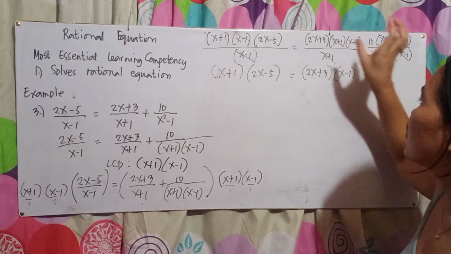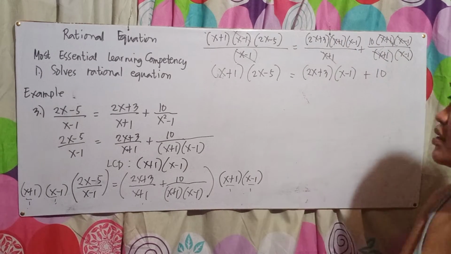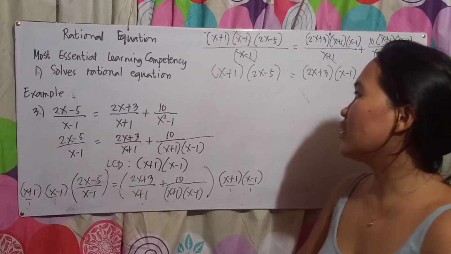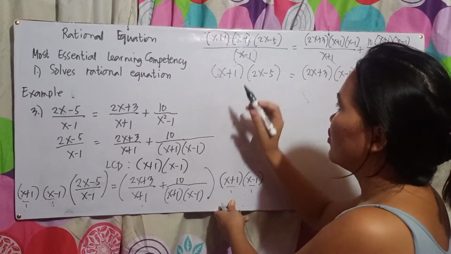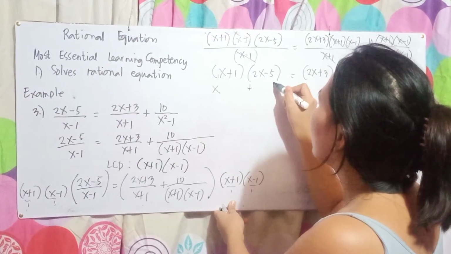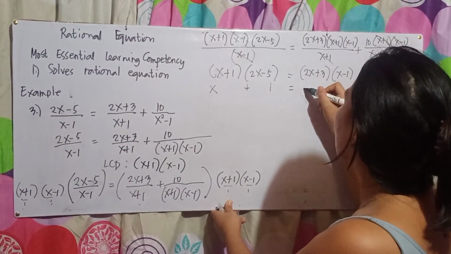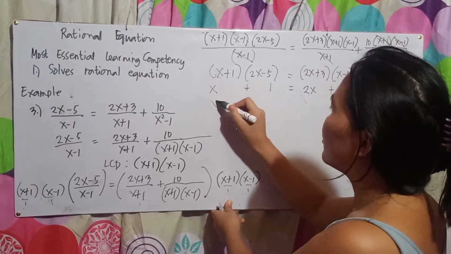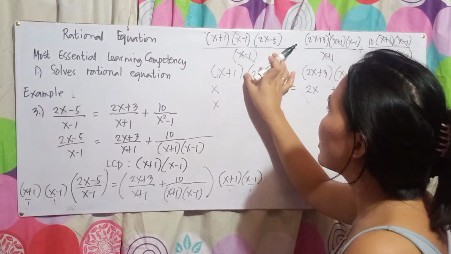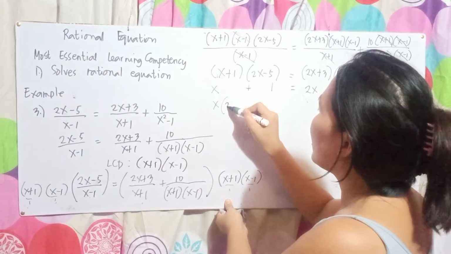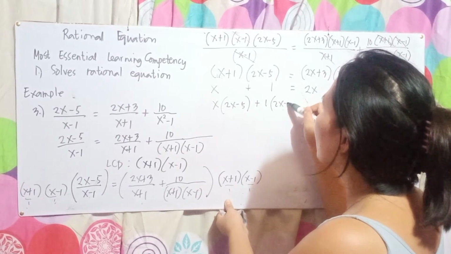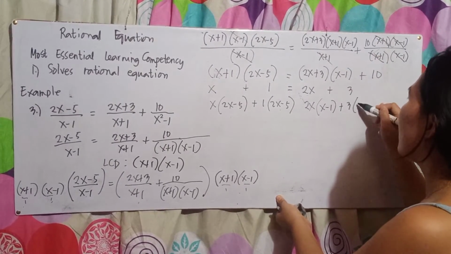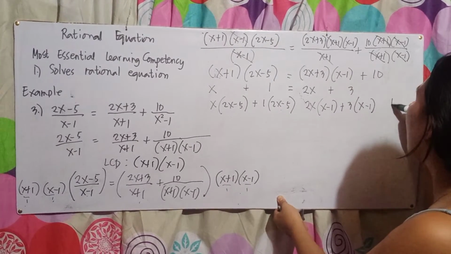Here you can use the long method, FOIL, or substitution. It is all the same. Which one should we use? Let's just distribute. So x plus 1 times 2x minus 5, and 2x plus 3 times x minus 1, and just bring down the plus 10.